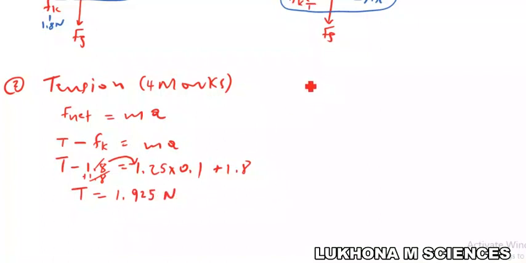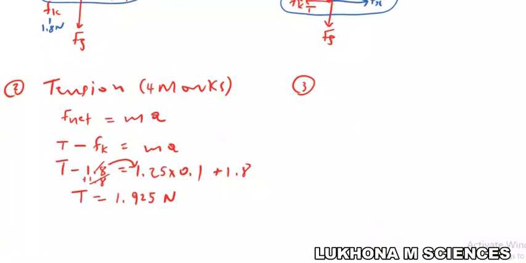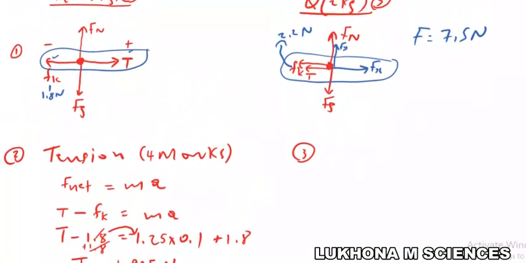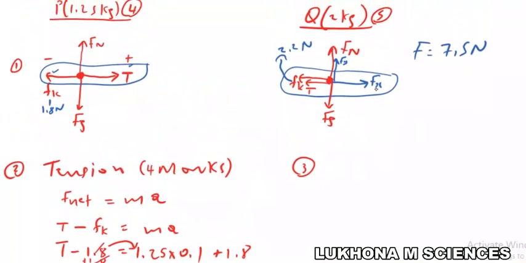The following question says calculate the magnitude of the angle theta. Now where is angle theta? The angle theta is on object Q. We have angle theta here. Fx is equal to F cos theta.